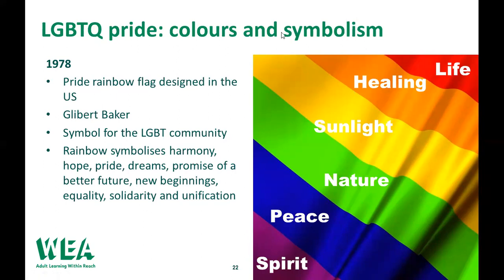So we have the rainbow colours starting with the red that represents life, and then you have the orange, healing, you have the sunlight of the yellow, and then you have nature, which is green, you've got peace, blue, and spirit, which is the violet or purple.